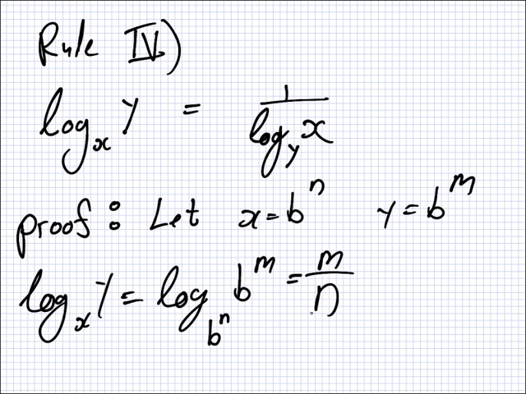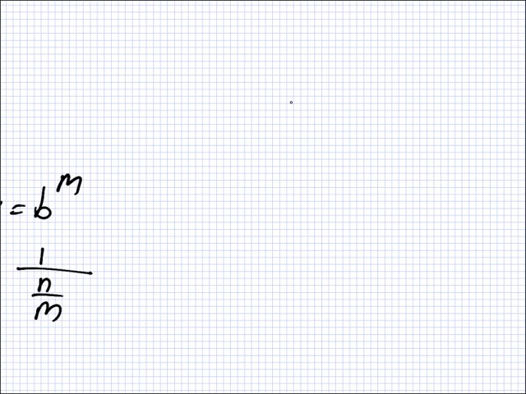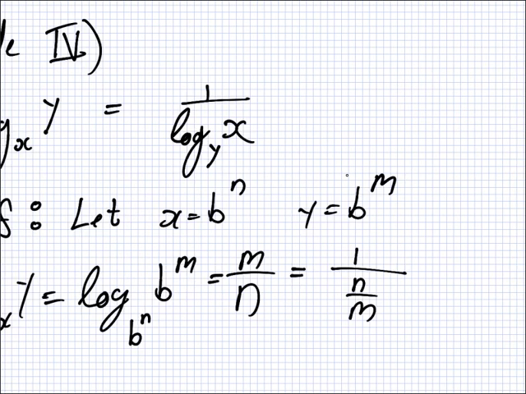A little trick here with the fractions. This is the same thing as 1 over n over m. That's a trick with fractions. You know, like if you had a over b, that's equal to 1 over b over a. So, why did I do that?